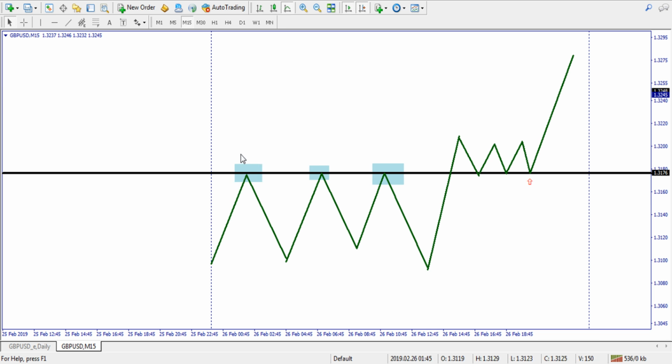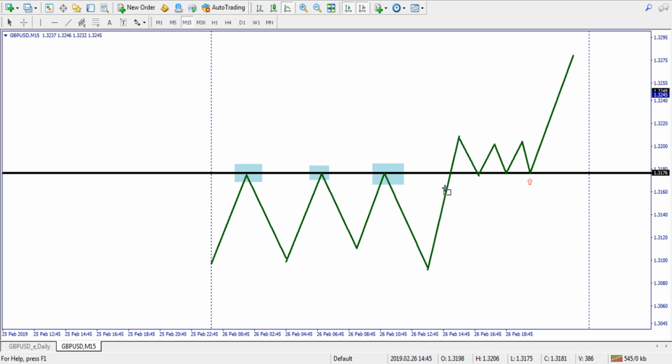So this is what I mean by breakout. You find a resistance, price goes down, comes back to the same level, goes down, comes back to the same level, then we see price ascending from this point up to that point. Normally a genuine breakout does not happen in peanuts.